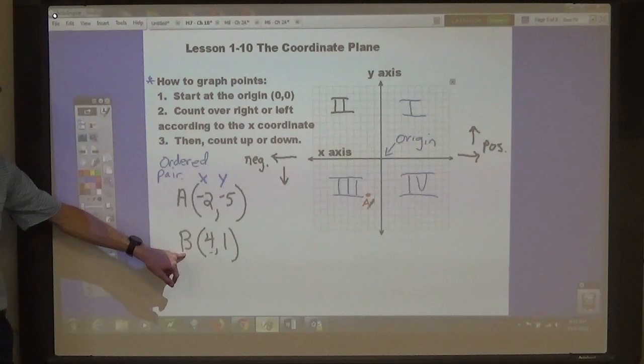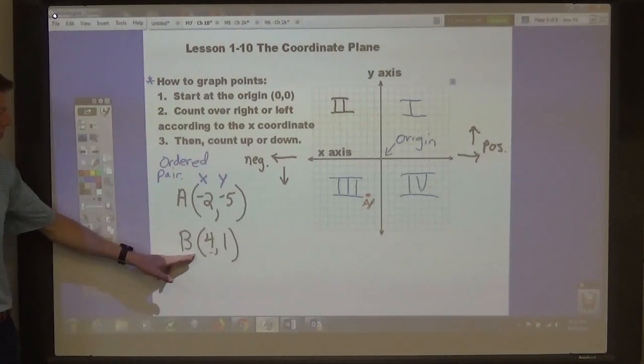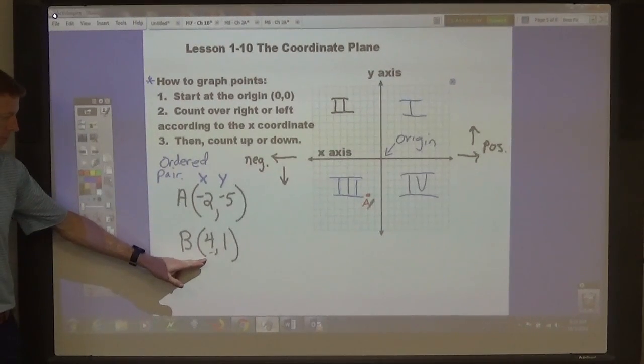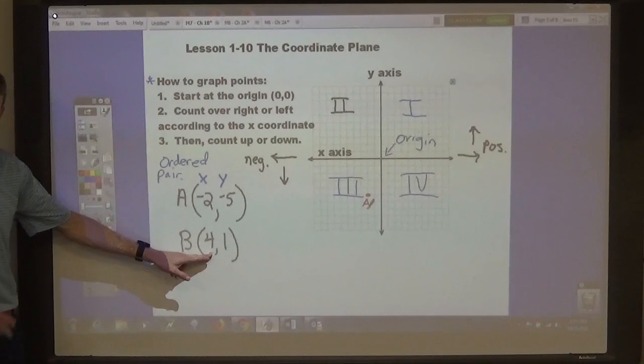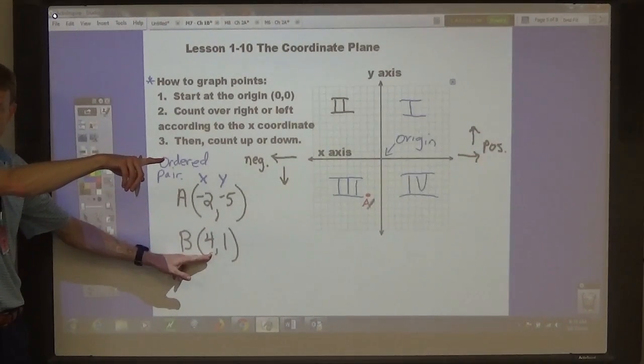How about point B? Where would you go to graph point B? Read it. You start at 0 and go 4, well, 4 on the x, and then yep, 4 to the left, right, right.